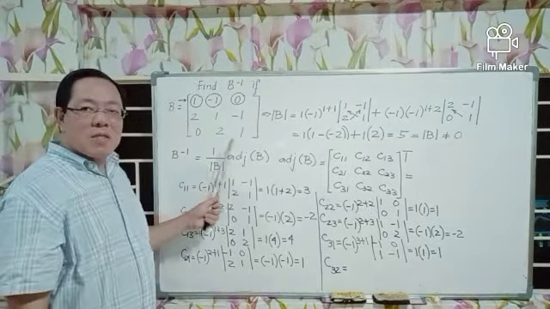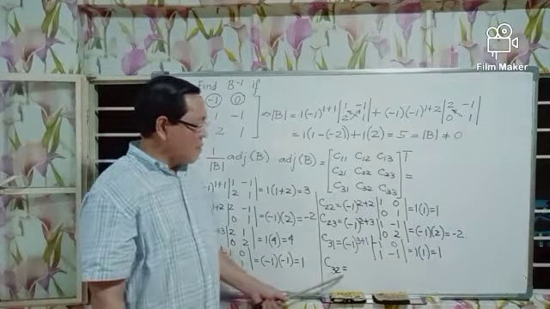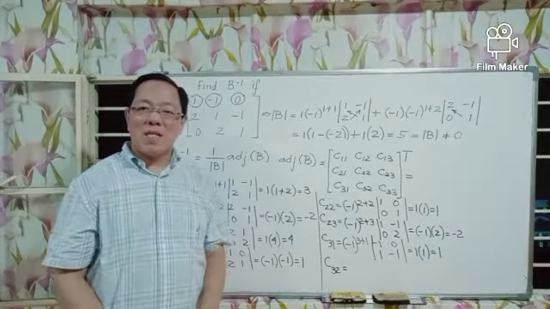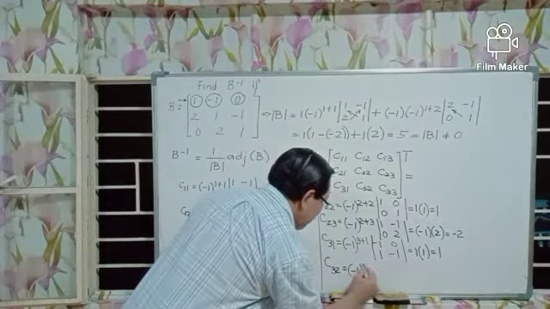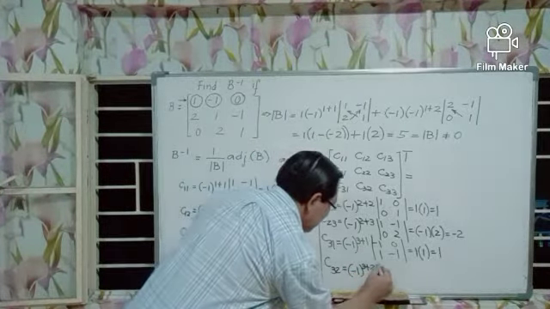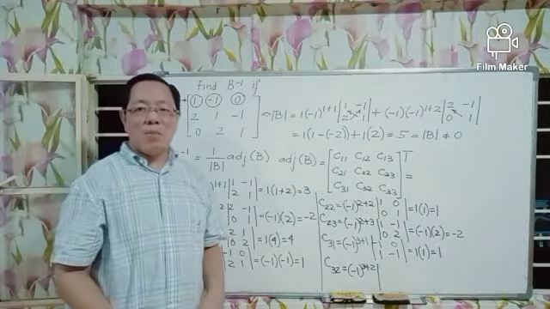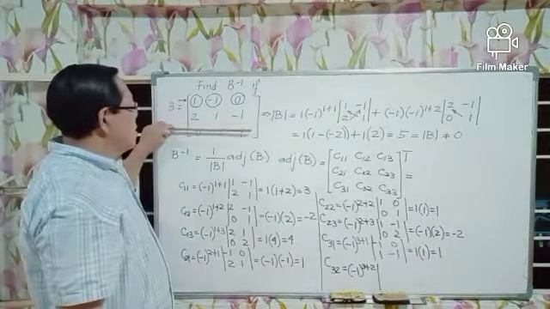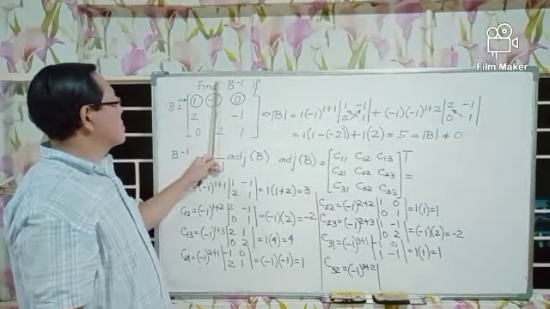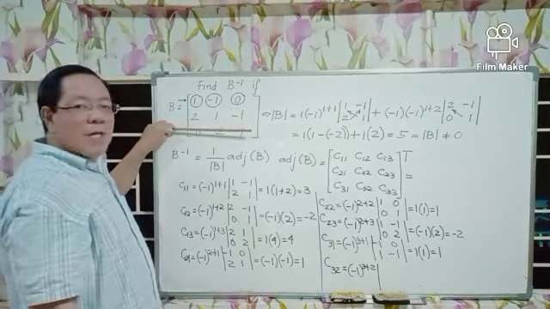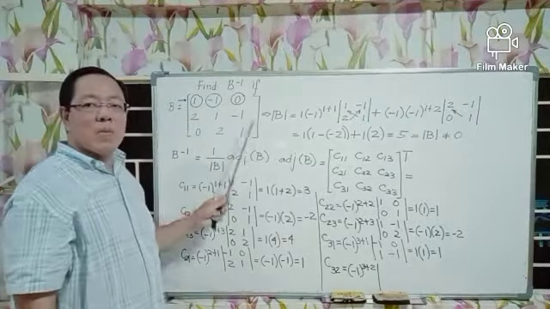Row number of 2 is 3, column number of 2 is 2. So C sub 3, 2 is negative 1 raised to 3 plus 2. Multiplied by determinant of order 2 obtained by deleting the third row and the second column. And the entries that remain are 1, 0, 2, negative 1.